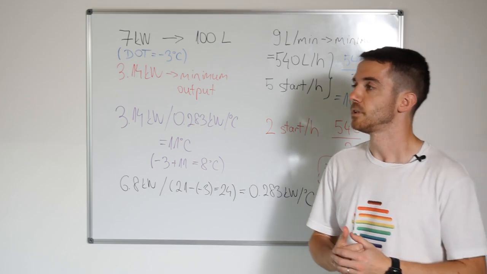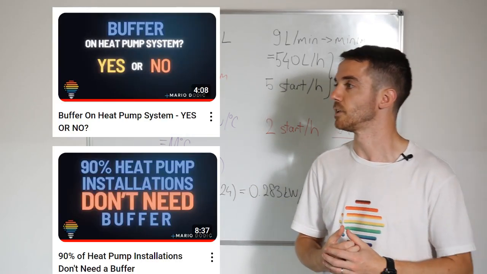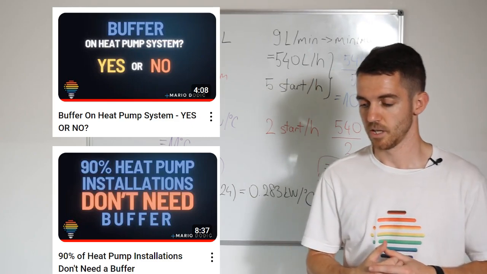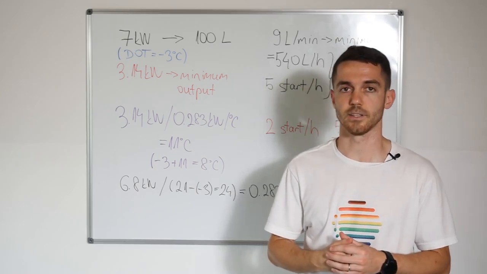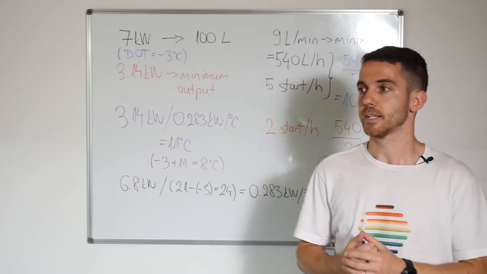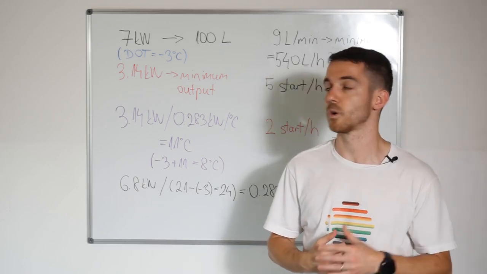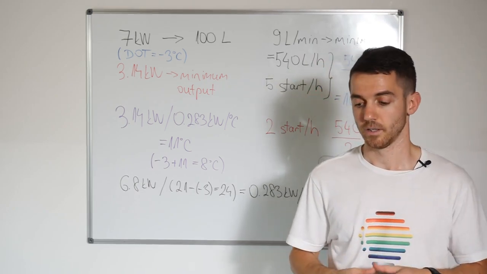When I put a video on buffer, yes or no, and explained that a buffer is not needed in most installations, there was different feedback and I really appreciate that. Some colleagues from the industry explained that I'm always focusing on pump pressure drop and flow rate.